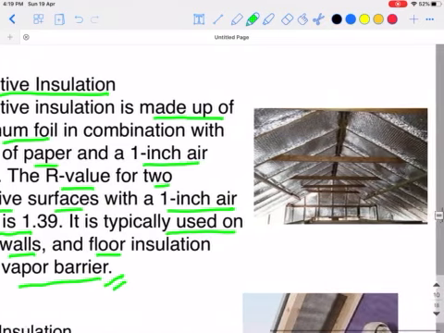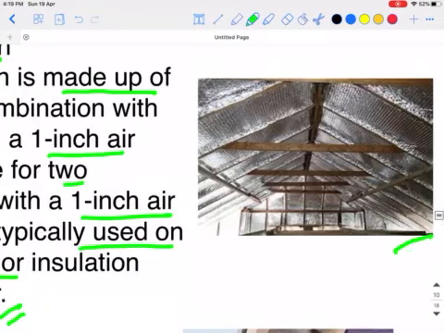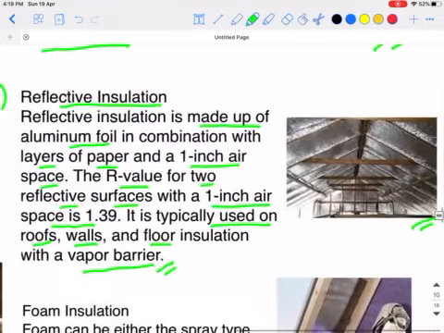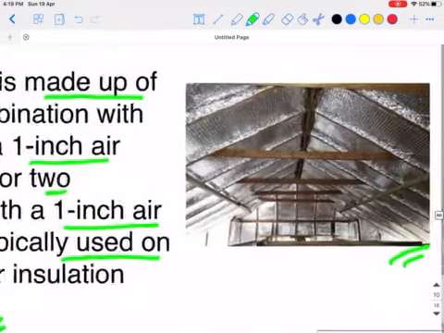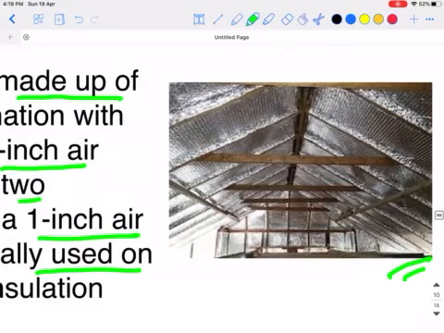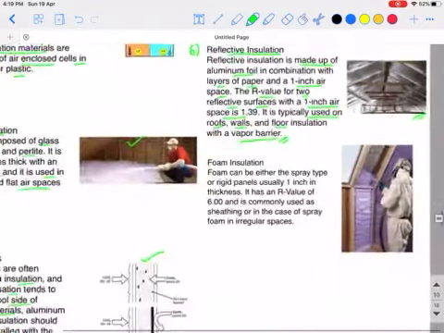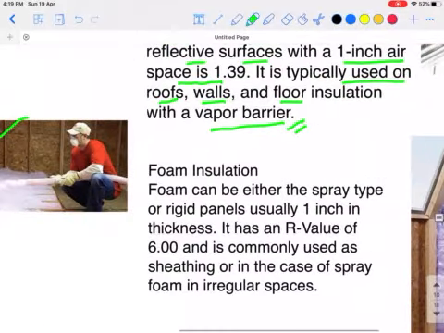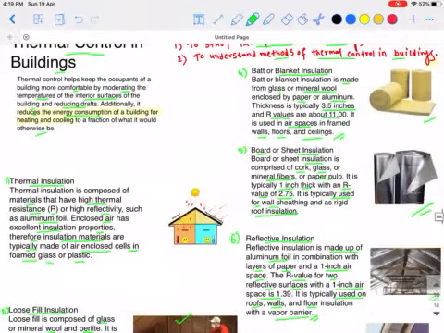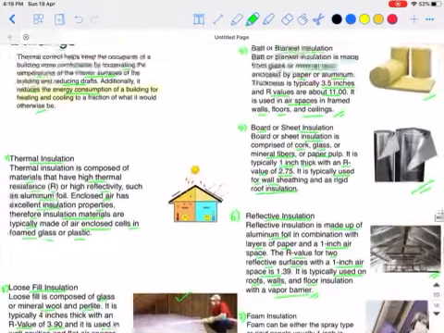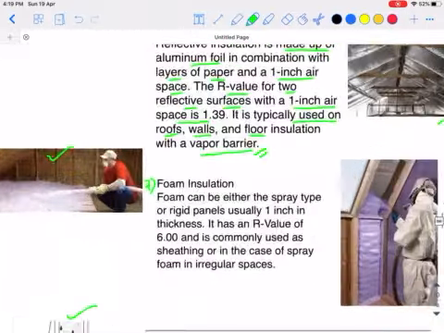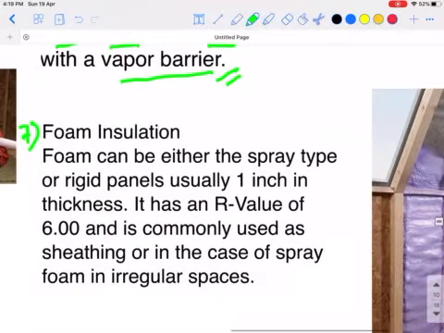In this image, we can see that reflective insulation is used for a building. And last method of thermal control in building is foam insulation.